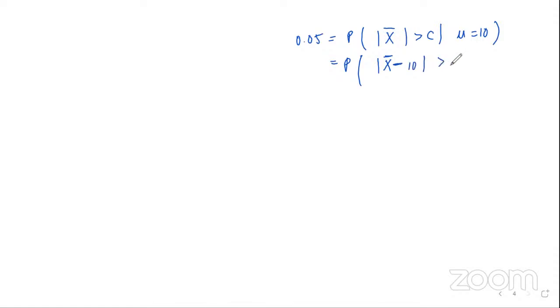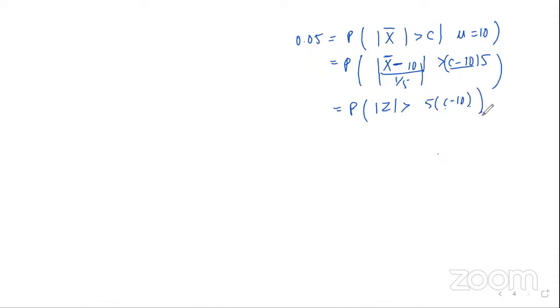So if we write 0.05 equal probability mod of x bar greater than C given mu equal 10, then in this case it becomes mod of x minus mu, and this is C minus 10 divided by 1 by 5. So basically this is probability mod of Z greater than 5 times C minus 10.